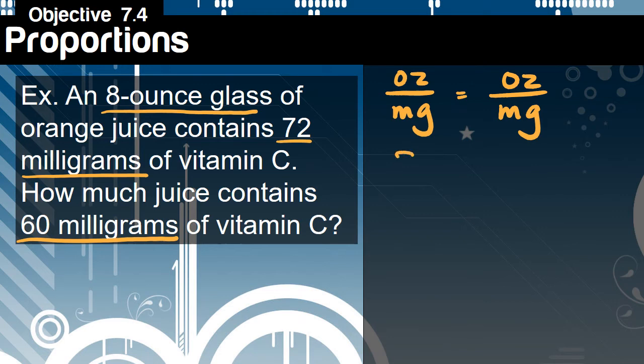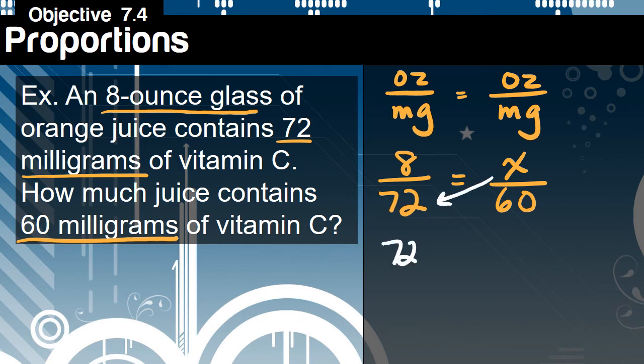So let's fill in the information that we know. We know that an 8-ounce glass contains 72 milligrams, so I'm writing that out as a ratio, is equal to, and we know that we have 60 milligrams, and we have to figure out how many ounces of juice contain 60 milligrams. So let's write that as x. Now we can cross multiply here. So we have 72x is equal to 480.